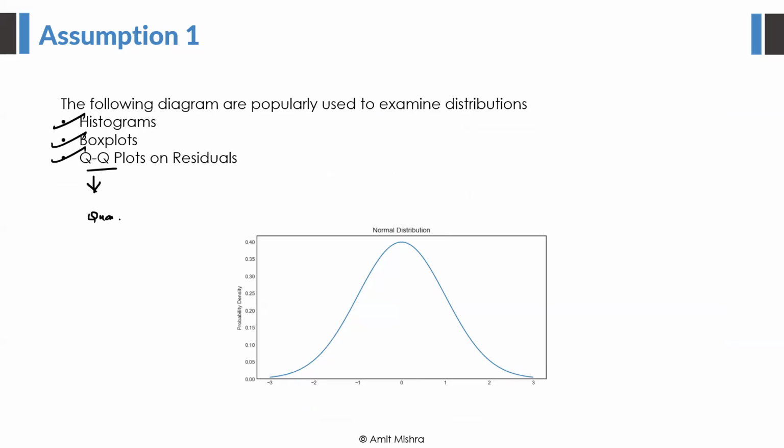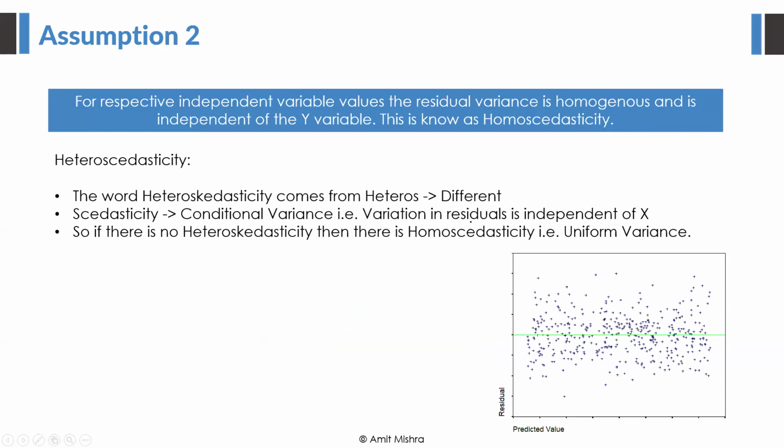It's known as the quantile plot, which will identify whether it is a normally distributed curve. Next is assumption number two.